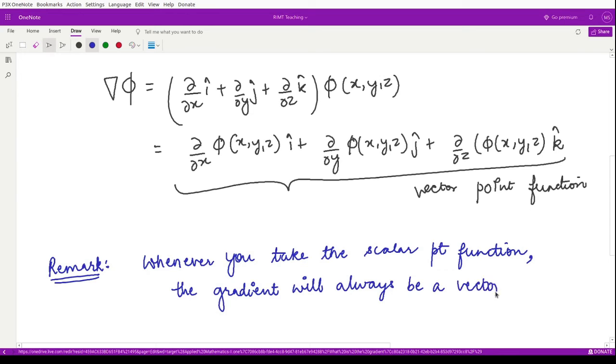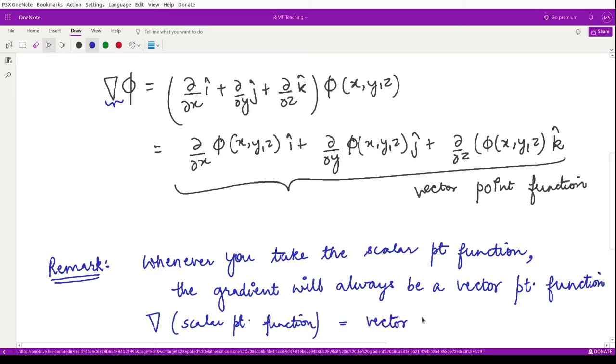This is simple. A vector point function, right? So now you could see this operator del as an operator where you input some scalar point function here, and in the output you obtain a vector point function.